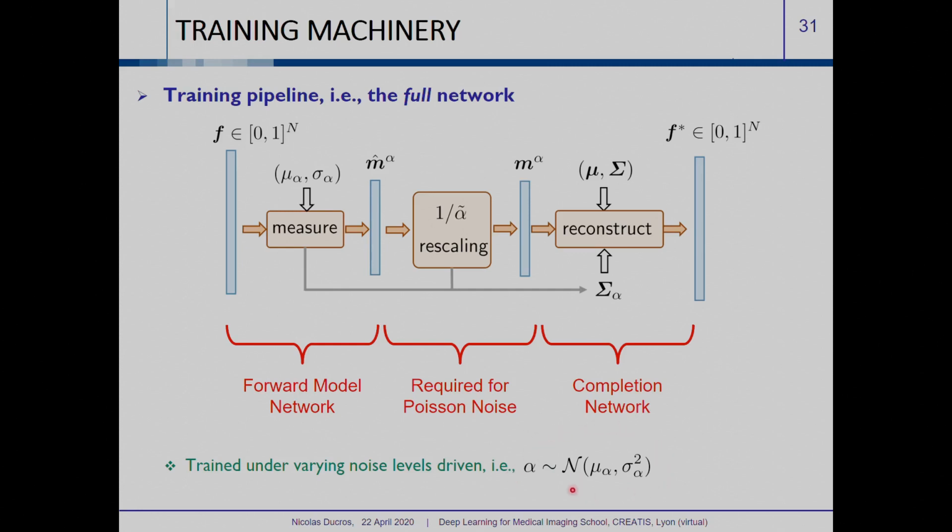We will consider image intensities with mean mu alpha, let's say 1000 photons, and with variance sigma squared alpha. So this is the variance of the image intensity. The image intensity is related to the noise, so sigma alpha is related to the variance of the noise. Okay, so we will train this network like this.